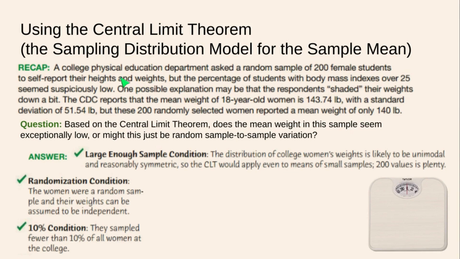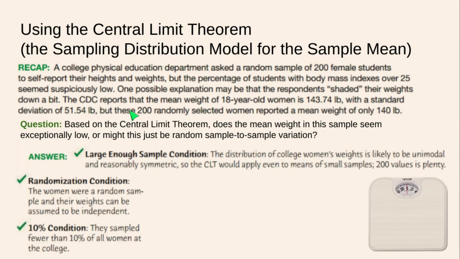So, a college phys ed department asked a random sample of 200 female students to self-report their heights and weights. But the percentage of students with BMI over 25 seems suspiciously low, as we found in the last video. One possible explanation may be that the respondents shaded, quote unquote, their weights down a bit.